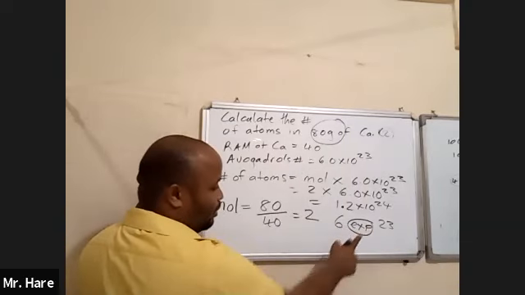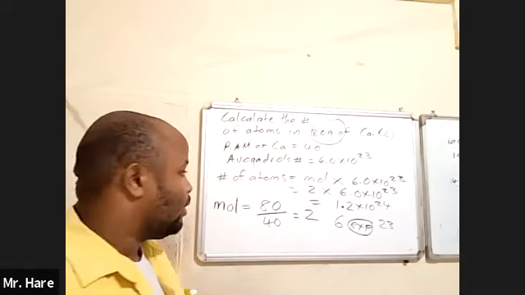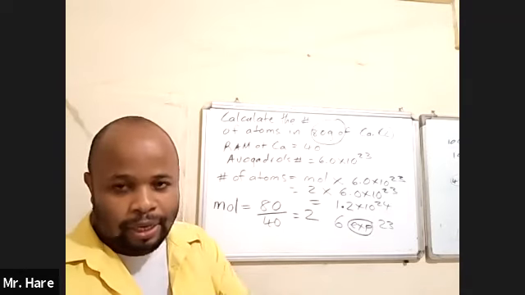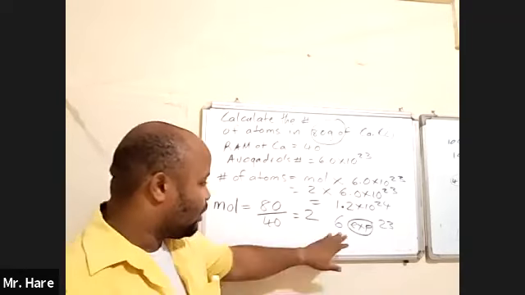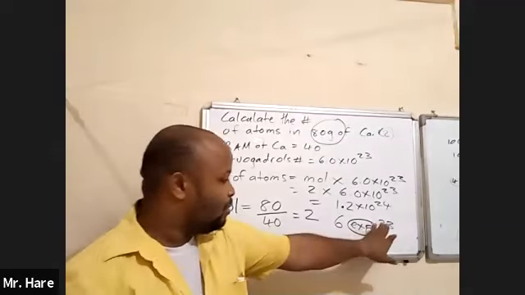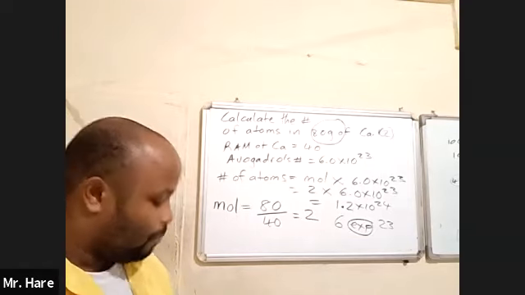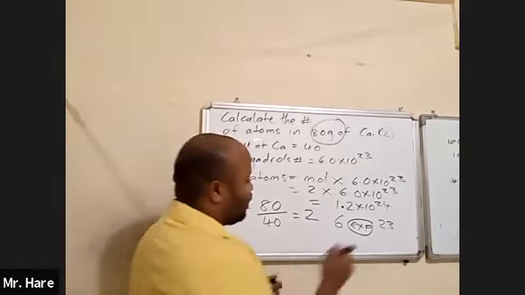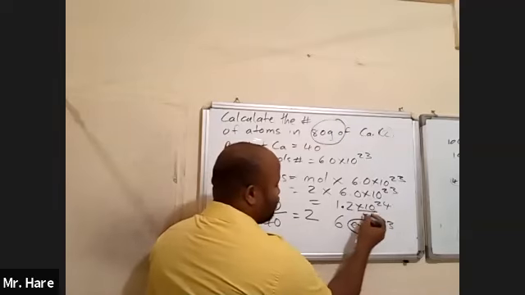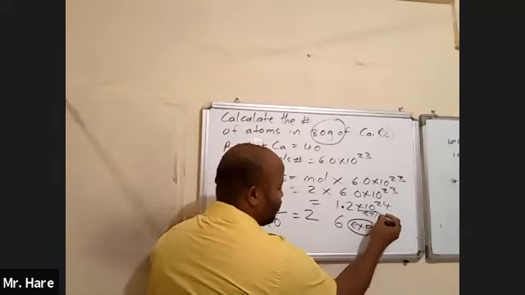Oh, I see it now, 24. So do not press times 10 and EXP. Just 6, the EXP button, then 23. Whenever you see times 10, you just press the exponential button.